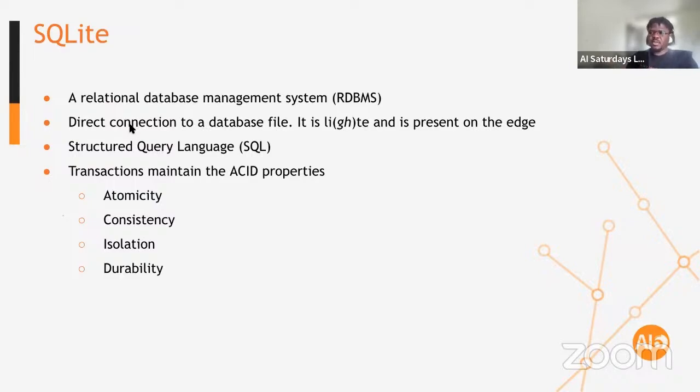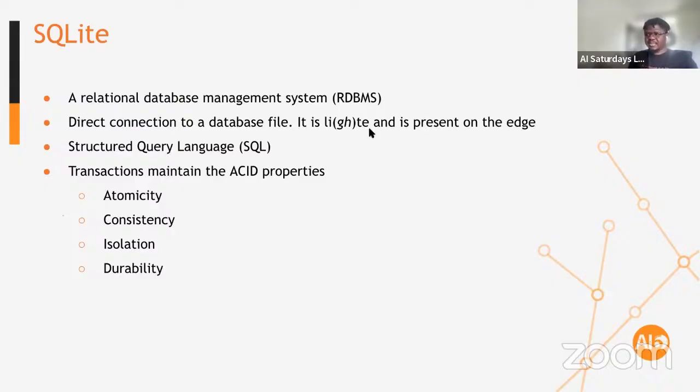Like every other SQL RDBMS, they are server-based, meaning you need to have a connection to them before you can access the database. Meanwhile, with SQLite, you can have a separate single database file and you connect directly to that file.